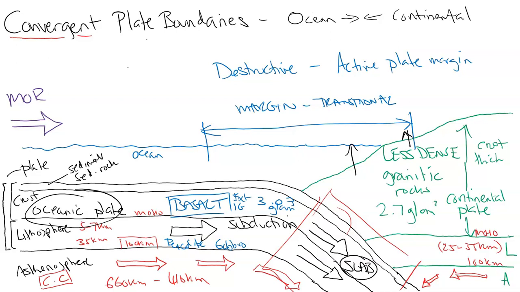Now, it can go down 50 kilometers, 100 kilometers, 150 kilometers, even as deep, some studies say, below 660 into the mesosphere, and even down to the mantle core boundary, some articles suggest. And that's thousands of kilometers down.